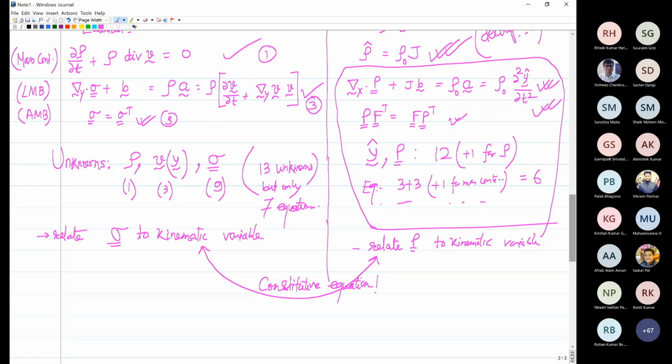So we are going to devote a lot of time on constitutive equation. And what you will see is that constitutive equation has to satisfy some physical principle, which automatically ensures that the angular momentum balance gets satisfied. So I'll write here a good constitutive equation, good meaning which satisfies the physical principle.